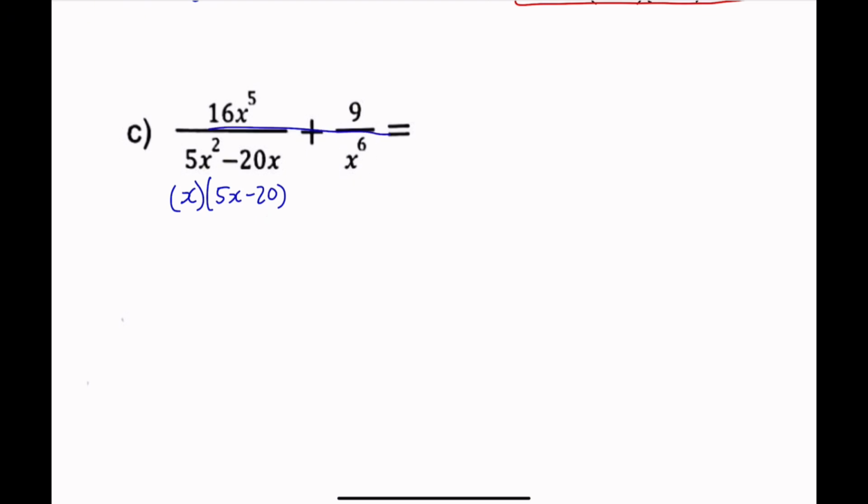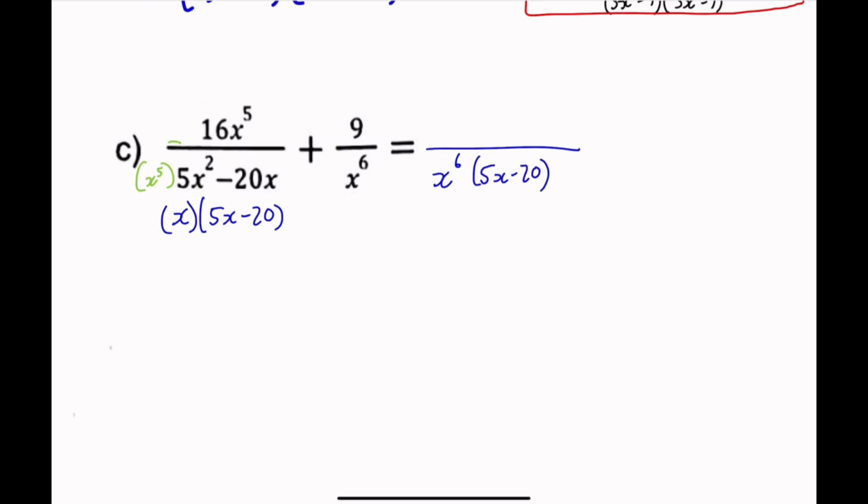That means the least common multiple of these two is x to the 6th power times 5x minus 20. To make this x to the 6th power times 5x minus 20, you multiply by x to the 5th power, because this makes x to the 6th power, and this is just 5x minus 20.